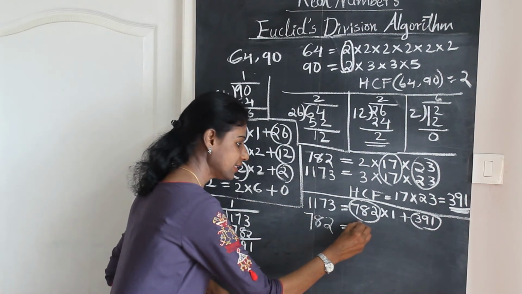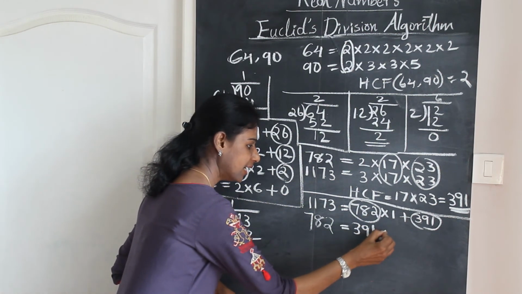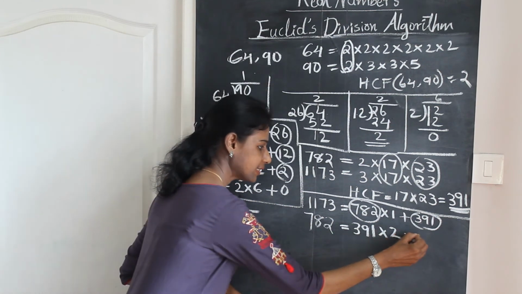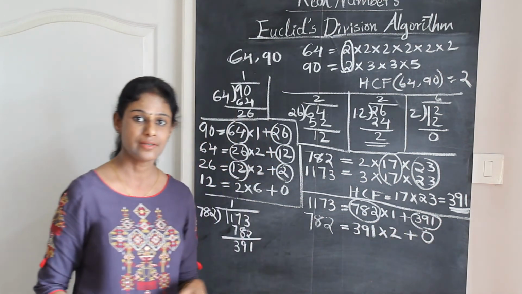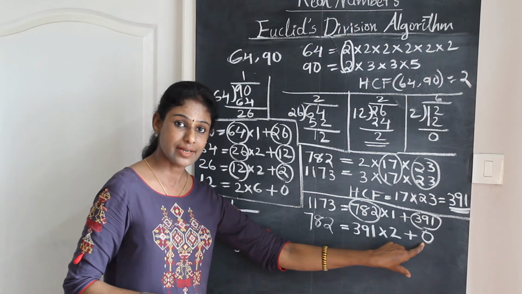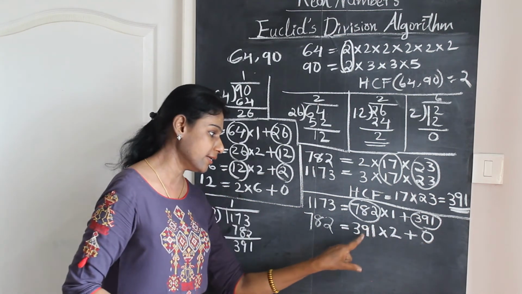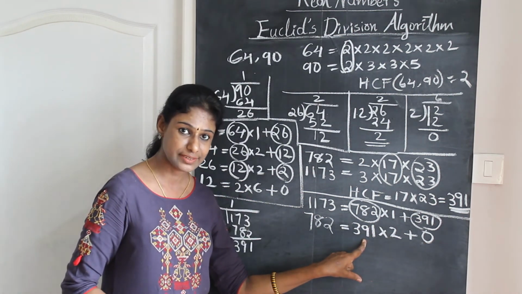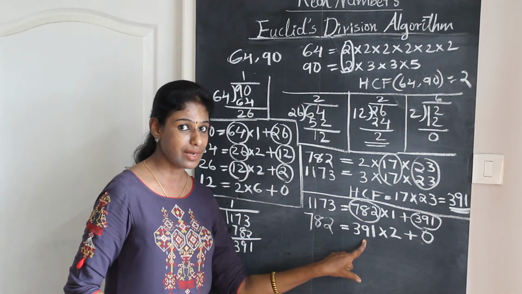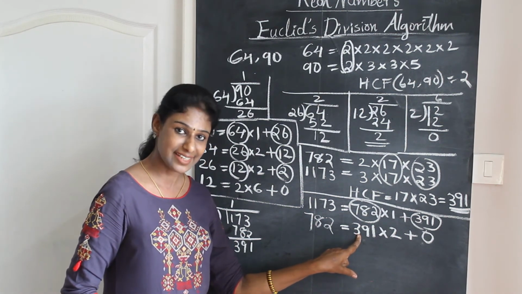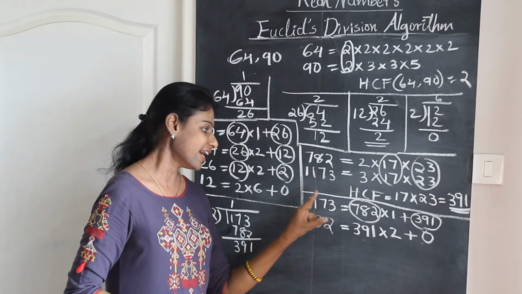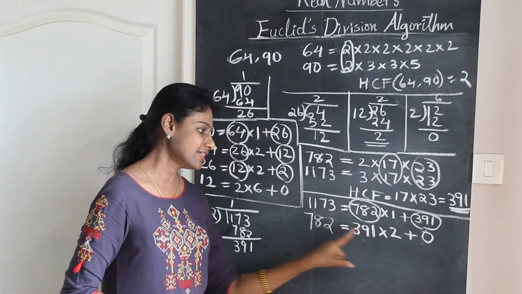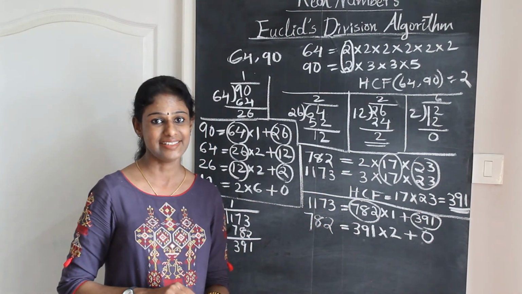So it will come like this: 782 equals 391 multiplied by 2 plus 0, no remainder. When we get the remainder as 0, we can stop the procedure, and the divisor used in that particular step will be the HCF of the numbers. So here the divisor is 391. So we got the HCF of these numbers as 391.